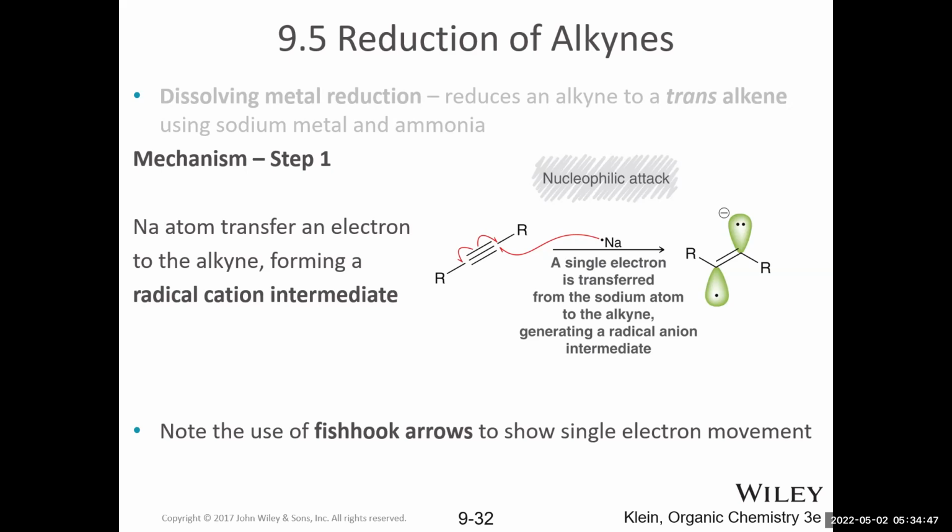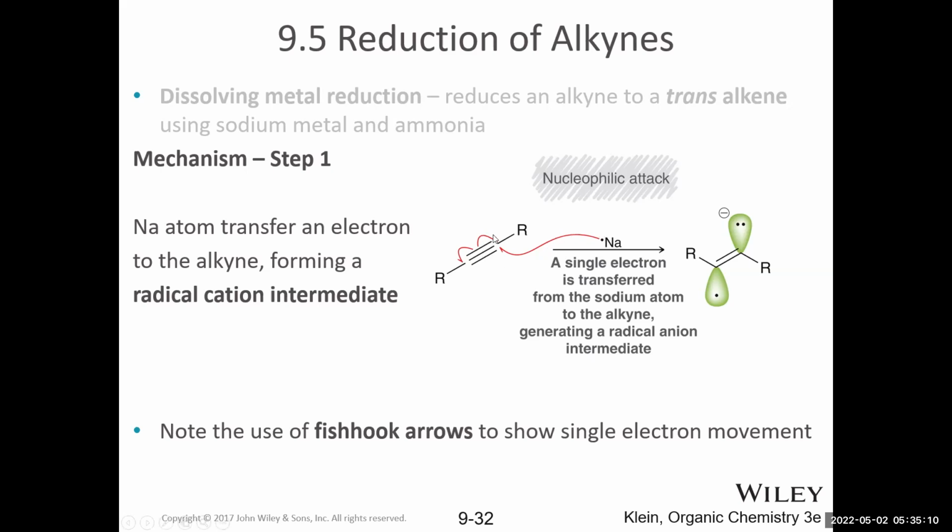And because we're transferring single electrons, recall that we need to use fishhook arrows instead of our double-barbed arrows. These fishhook arrows show single electron movement as opposed to movement of pairs of electrons. So the sodium metal will donate an electron.